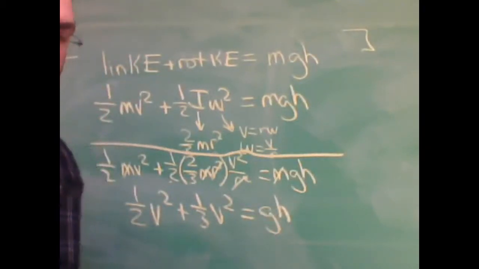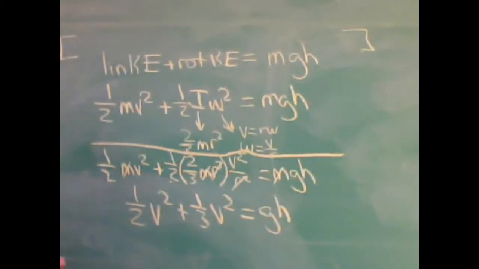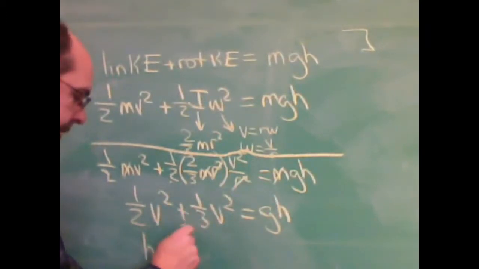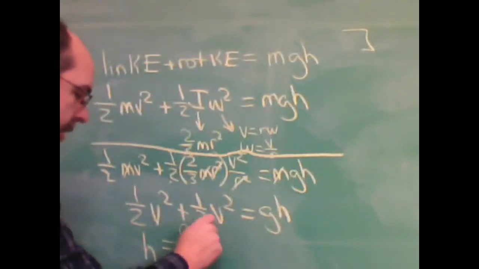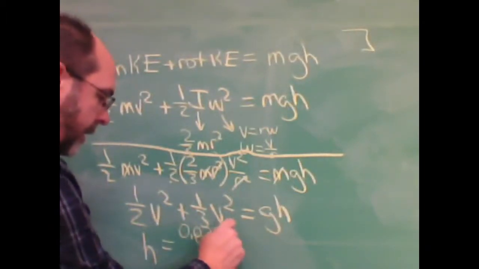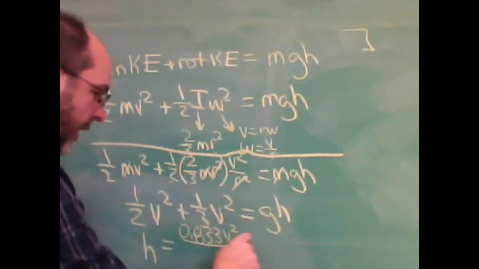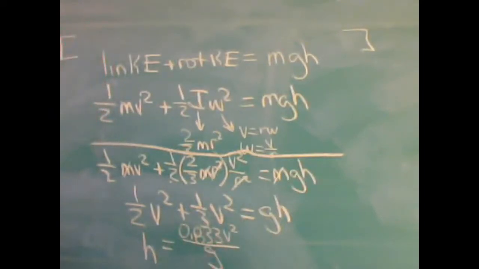What we're looking for is the height. So the height that it reaches equals 1/2 v squared plus 1/3 v squared, 0.833 v squared, divided by g.